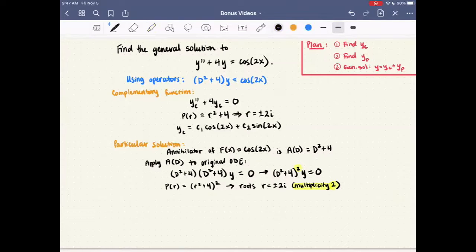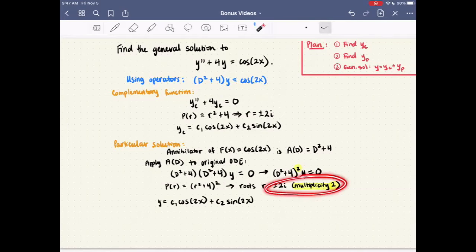Now, if I were to write down the general solution to this new homogeneous problem, I would write that y is equal to c1 cosine 2x plus c2 sine 2x. Again, I'm using the roots of this polynomial. And since I had multiplicity 2, I now have to add these terms, c3 x cosine 2x plus c4 x sine 2x.